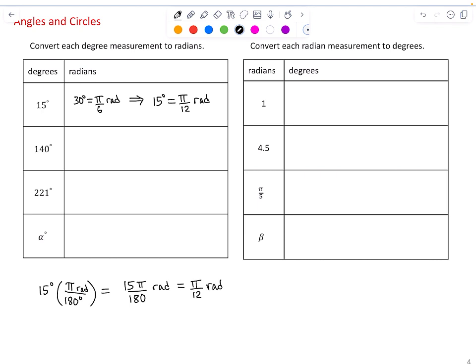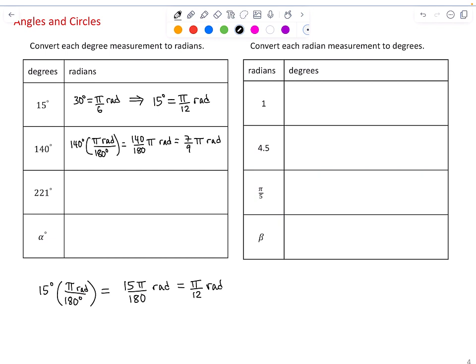We can use this conversion process for the remaining entries of this table. So 140 degrees, multiply that by pi radians corresponds to 180 degrees, and we wind up getting 140 divided by 180 times pi radians. And then simplify 140 over 180, that's 14 over 18, which is 7/9.